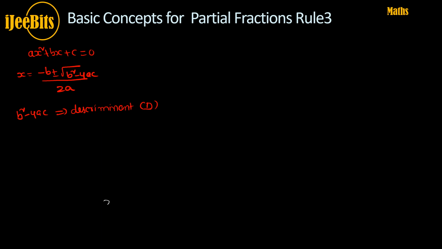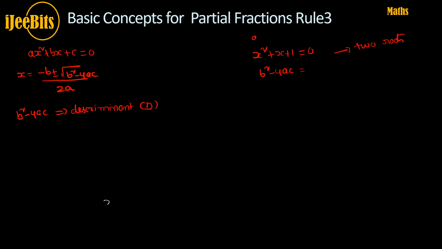Let's say we have an equation like x square plus x plus 1 equal to 0. Find the roots. I know there are 2 roots, but what is the nature of the roots? That we don't know. In order to find that, you have to calculate b square minus 4ac. Here b means the coefficient of x, a means the coefficient of x square, and c is the constant.